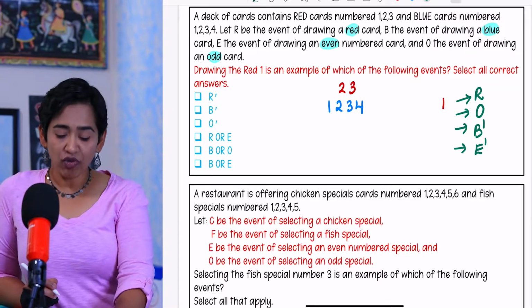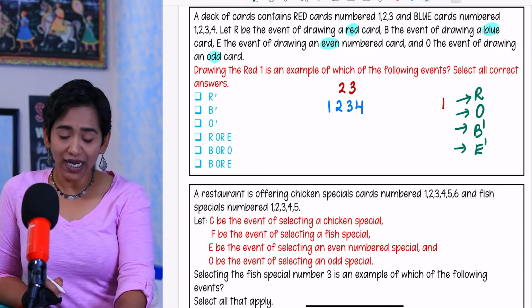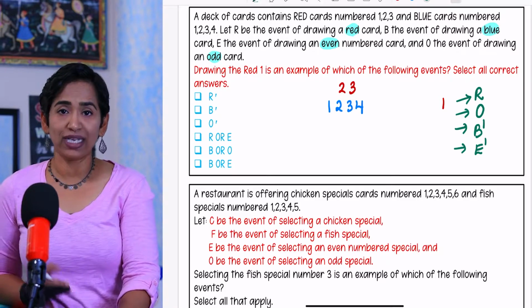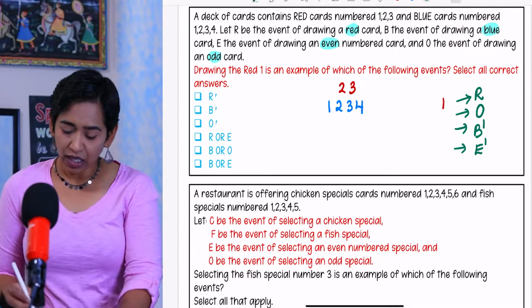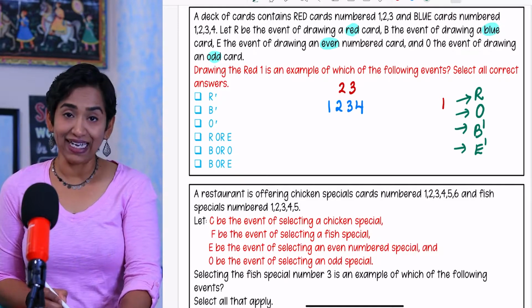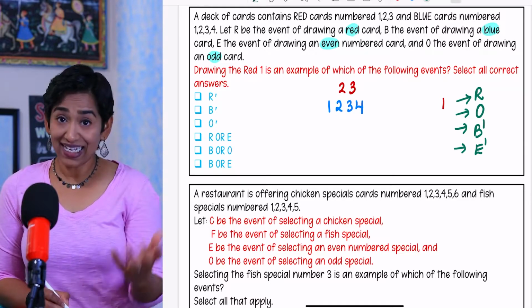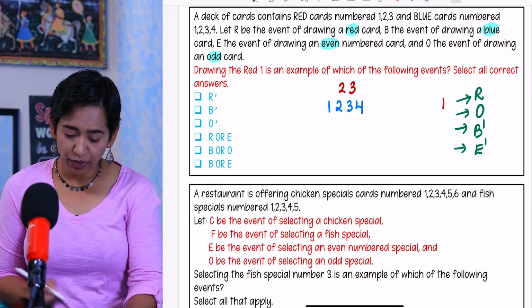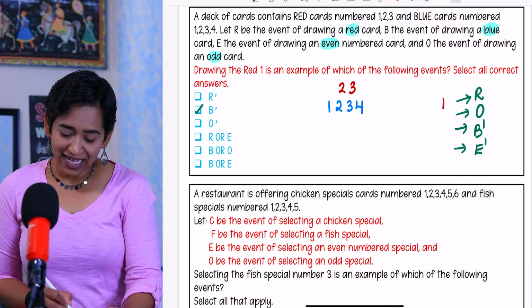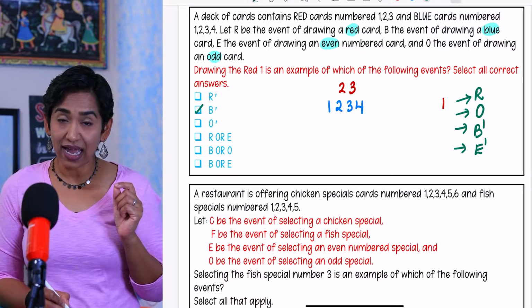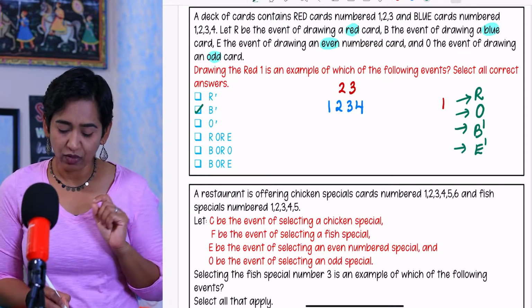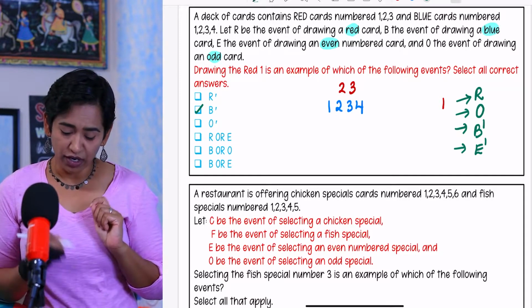They said drawing the red card, red 1, is an example of which of the following? Select all of them. Red card, so definitely it cannot be not red. It's a red card, that means it's not blue. Fair enough. It is red and odd. So I cannot say it's not odd.